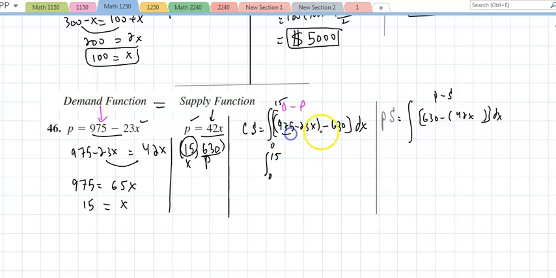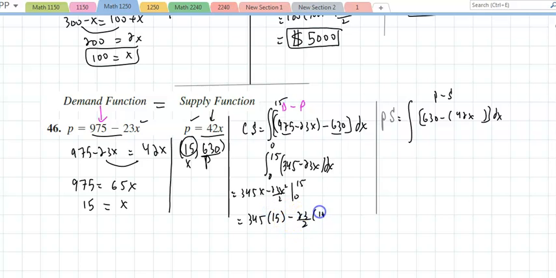And what is that? 975 minus 630. That is 345, I think. Yeah. Minus 23x dx. That would be 345x minus 23x squared divided by 2 evaluated from 0 to 15. That would be 345 times 15 minus 23 over 2 times 15 squared minus 0.